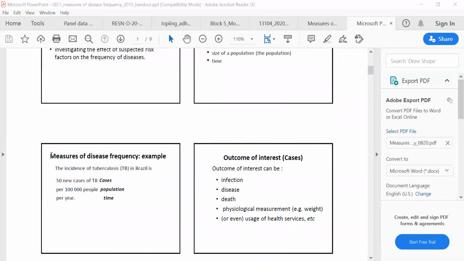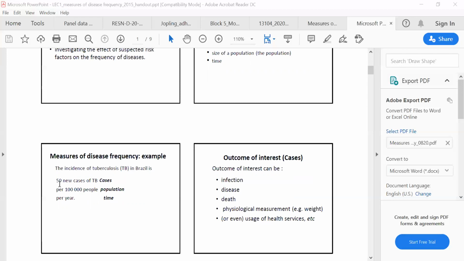So for example, let's take the incidence of tuberculosis in Brazil. To quantify or explain this, it can be said as 50 new cases of TB.